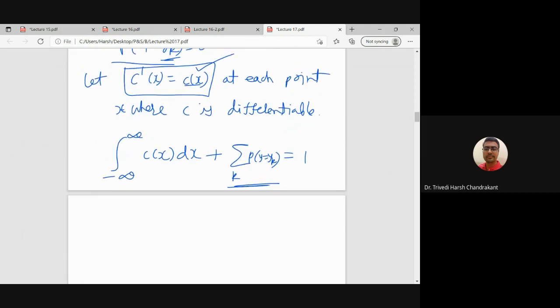So whenever we have such a random variable, what is the expectation formula? We know the expectation formula of the continuous variable and the discrete variable. So here the expectation of this random variable is defined as the integration of x cx dx plus the summation of yk times the probability of y equals yk.